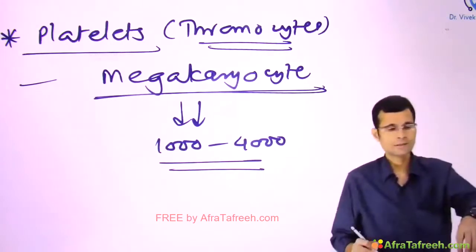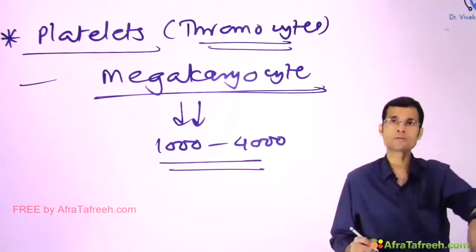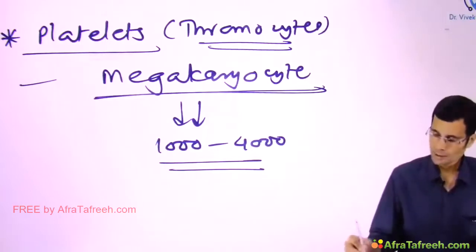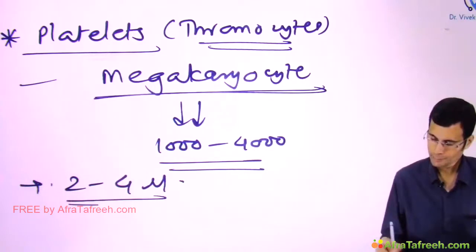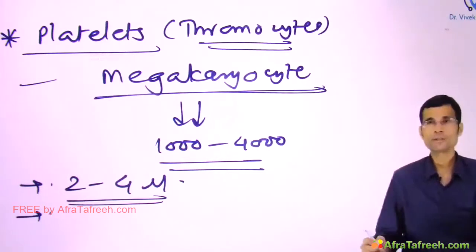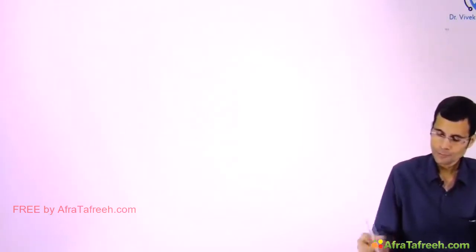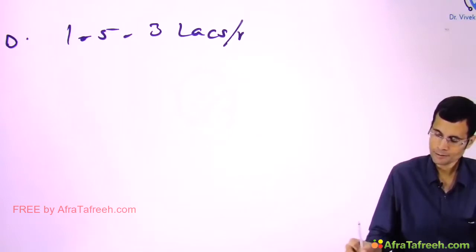Platelets are simply pinched away from the megakaryocyte. Normal platelet size is about 2 to 4 micron diameter. Platelets are non-motile, non-nucleated cells. Normal platelet count is 1.5 to 3 lakhs per cubic millimeter.